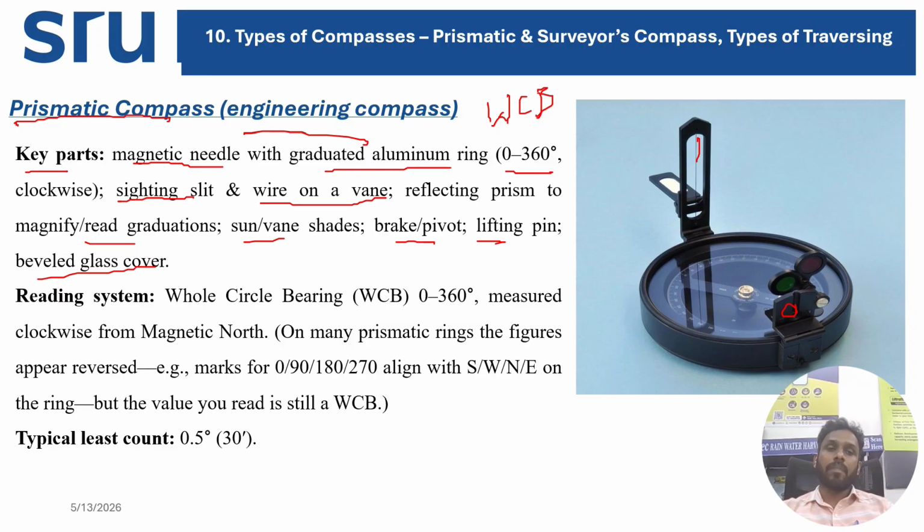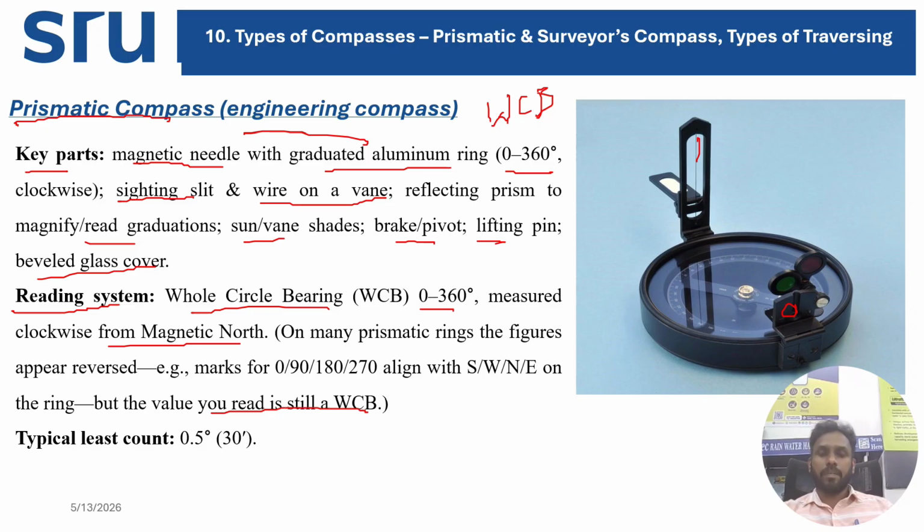Then the reading system. As I said, it works on the whole circle bearing, which is 0 to 360 degrees. It measures clockwise from the magnetic north, and on many prisms the bearing figures appear reversed. For example, 0 to 90 and 180 to 270 align with southwest and northeast on the ring, but the value of the reading is still a whole circle bearing.